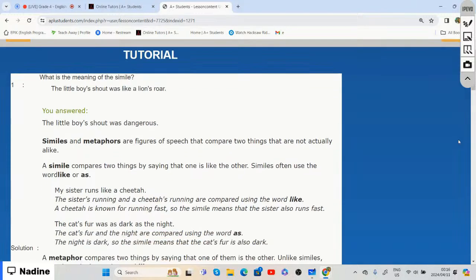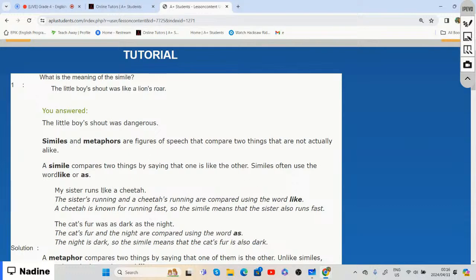All right. So we say that the simile and the metaphor are figures of speech that compare two things that are actually not alike.